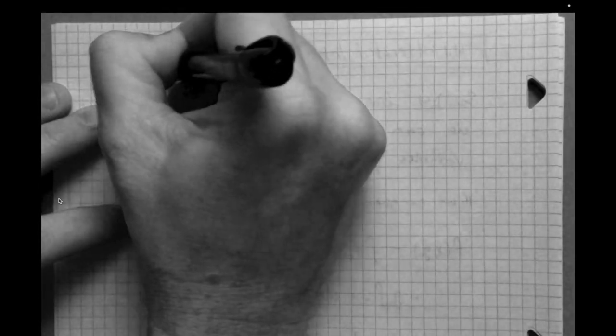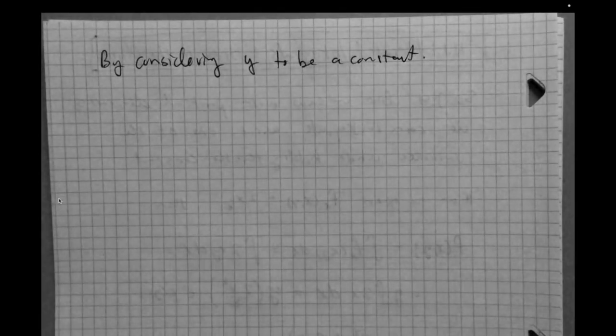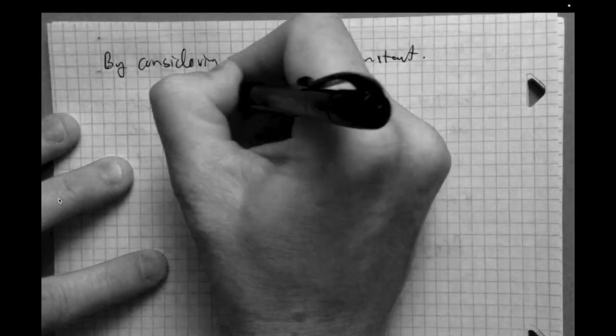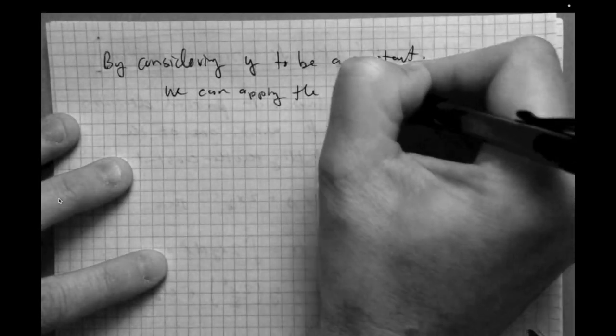So by considering y to be a constant, okay, that's our starting point. By considering y to be a constant, we can apply the fundamental theorem of calculus to get something like this.